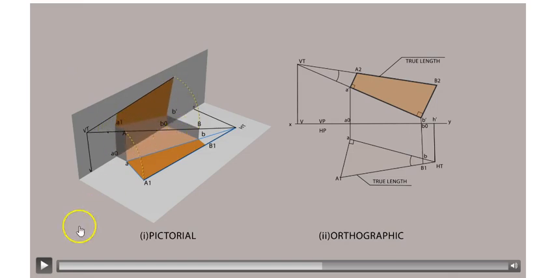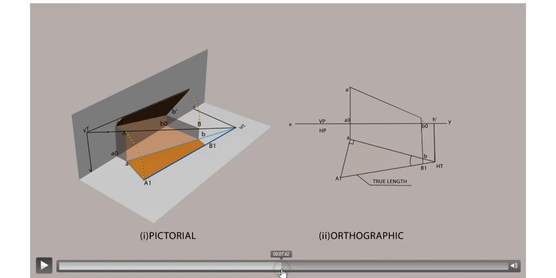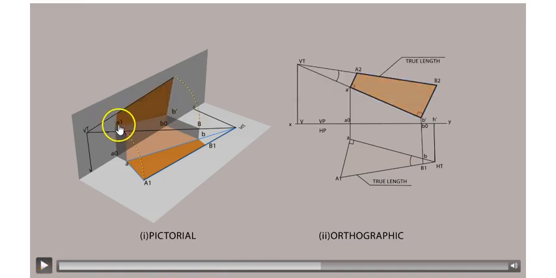Because if we slightly go back and play the video, let's see how it is being rotated. If you look here, this distance is nothing but this distance. When this plane is being rotated and made to fall on the vertical plane, you can very clearly see that this distance is nothing but this distance, and similarly this distance is nothing but this distance.